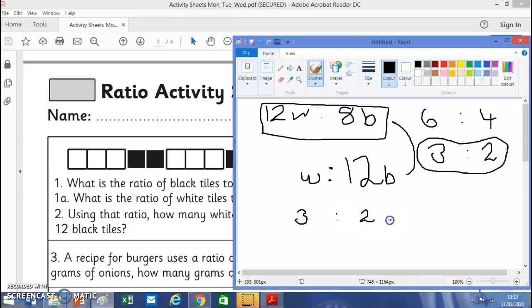What have I done to that 2 to make it into 12? Well, I've multiplied that by 6. So therefore, I need to do the same on the white side. I need to multiply the white by 6. So 3 times 6, that's right, I hear you all say it is 18. So that's going to help us to work out the answers to some of the questions here.